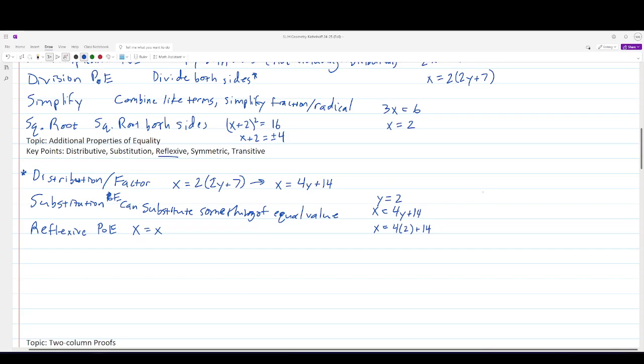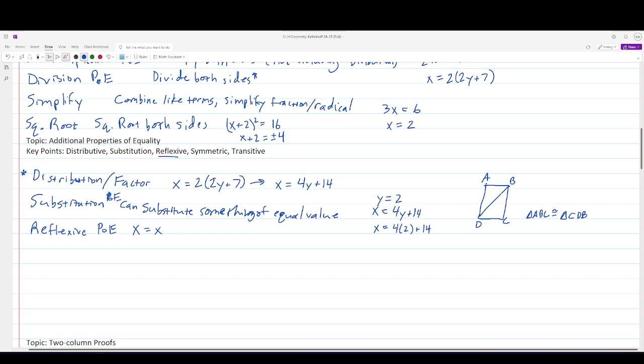So just as a preview for the future, if I had a drawing like this where there are two triangles and we had A, B, C, D, we would want to have a proof that led to the conclusion that triangle ABC is congruent to triangle, what would it be, CDB?